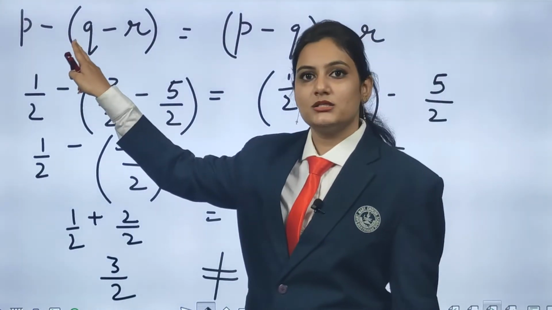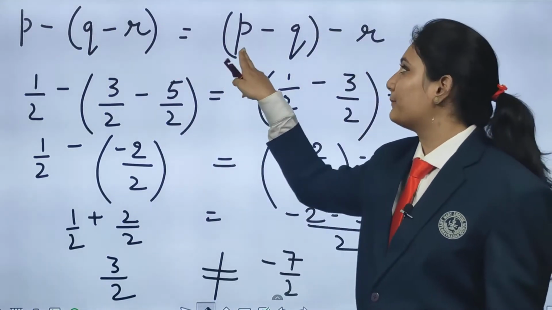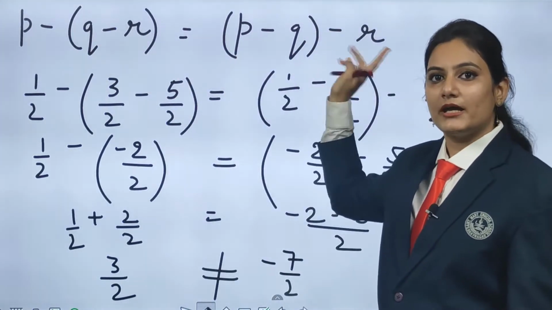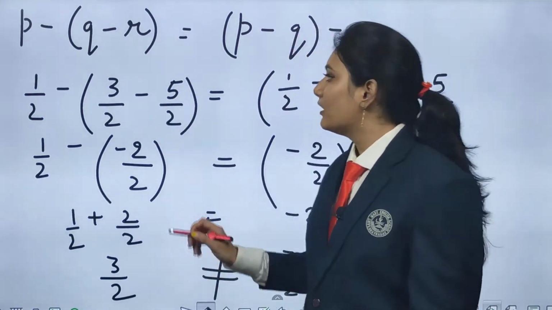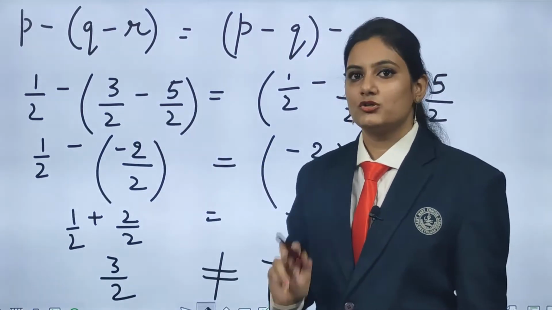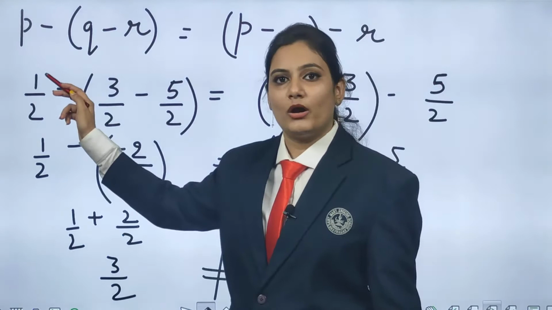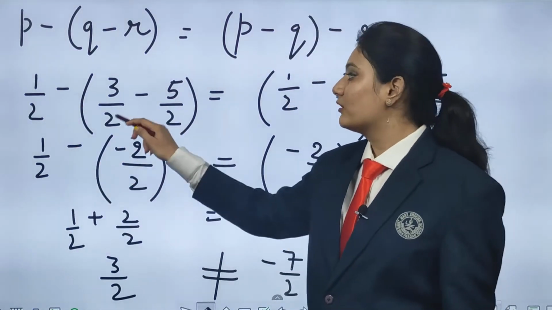Now, P minus bracket Q minus R is equal to P minus Q minus R. First step is to solve the bracket. Now, here it is 3 by 2 minus 5 by 2, that we will solve. The first step is write 1 by 2 as it is, subtraction sign as it is, then do the bracket.